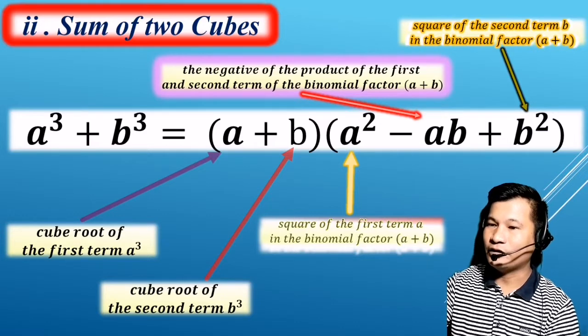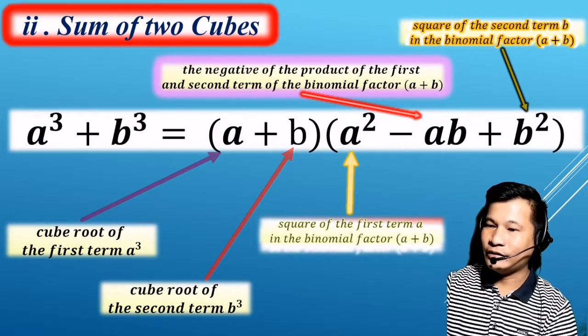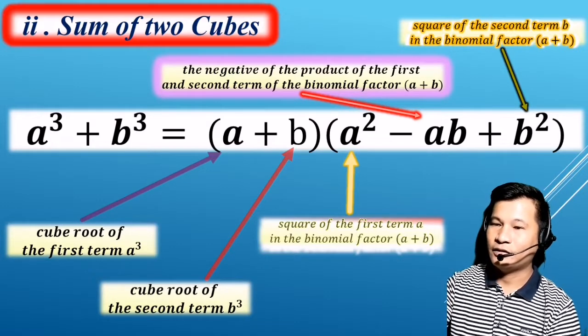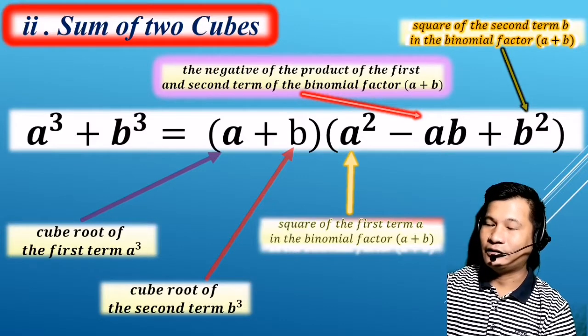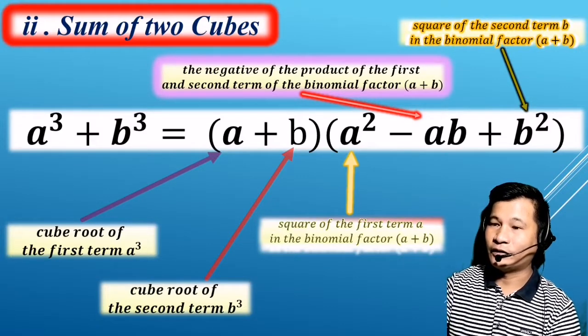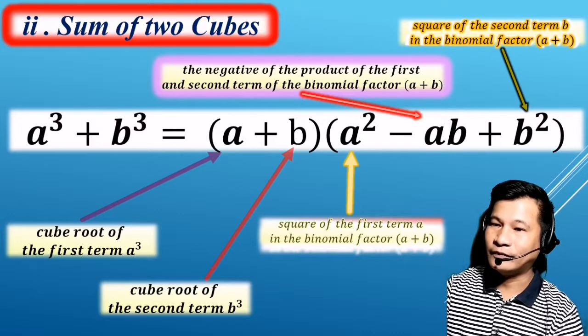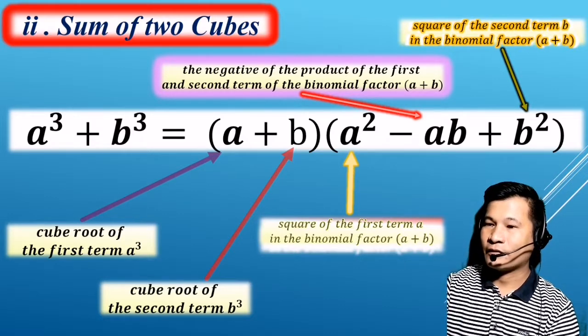And then for the trinomial factor, we get the square of the first term a in the binomial factor a plus b. So the square of a is a squared. And then for the middle term of the trinomial factor, simply get the negative of the product of the first and second term of the binomial factor a plus b.